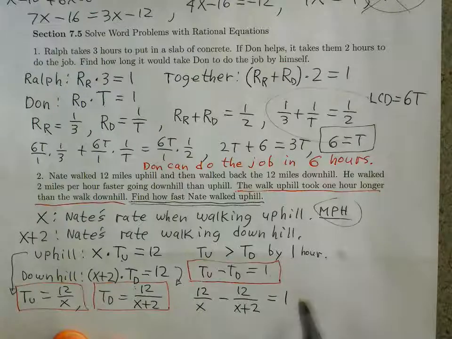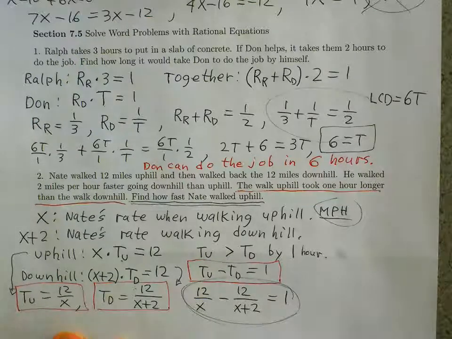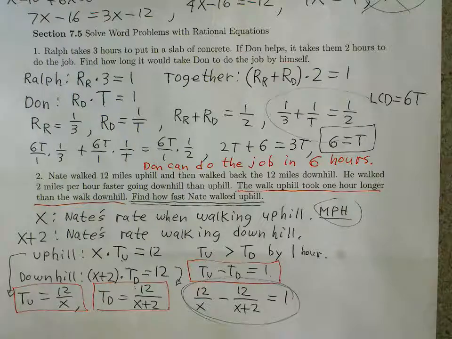Okay, well, it was a fair amount of work just to get the equation. Now we have to solve it. So the technique is to identify the least common denominator and then multiply every term on both sides by the least common denominator.